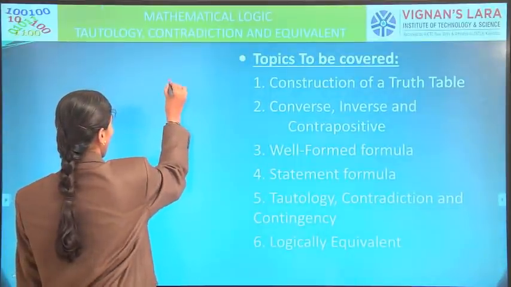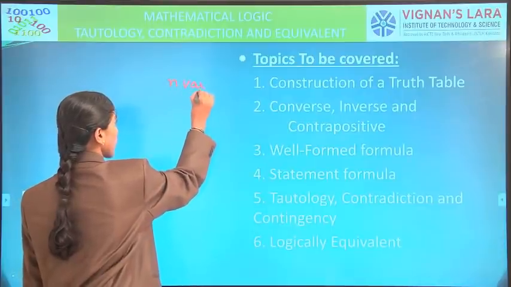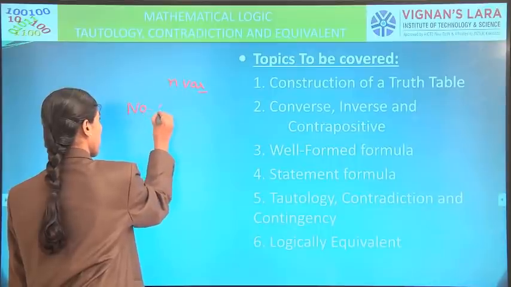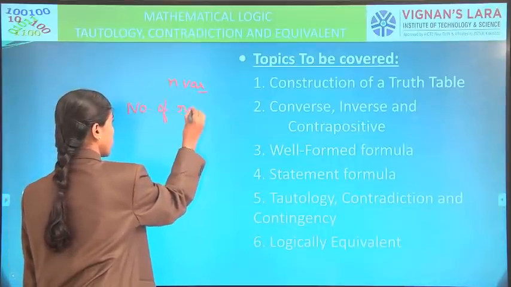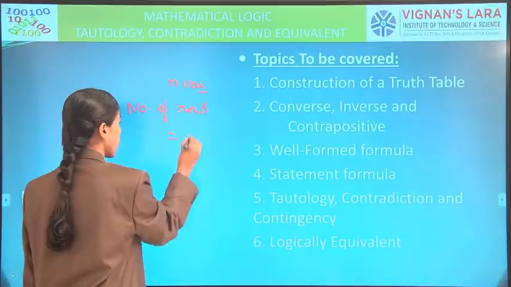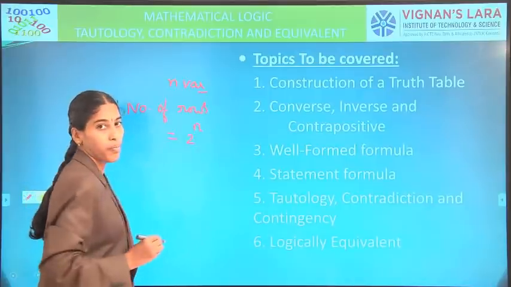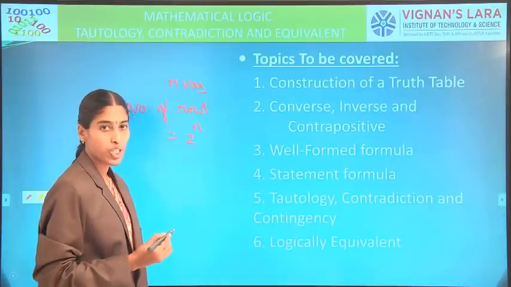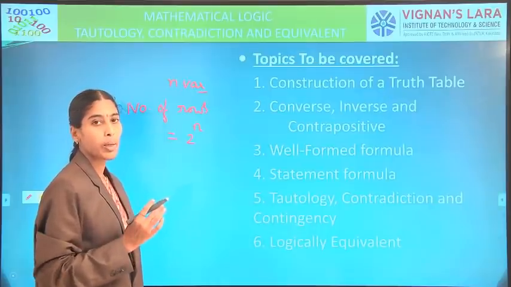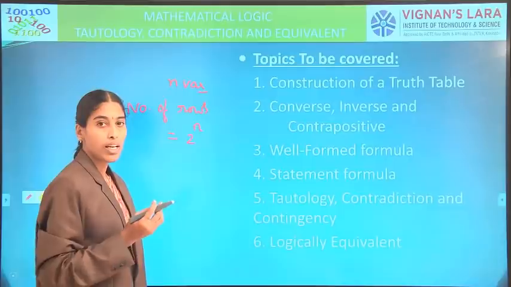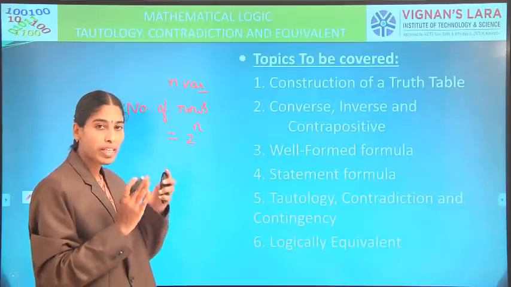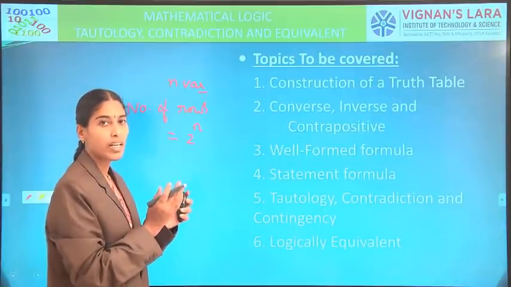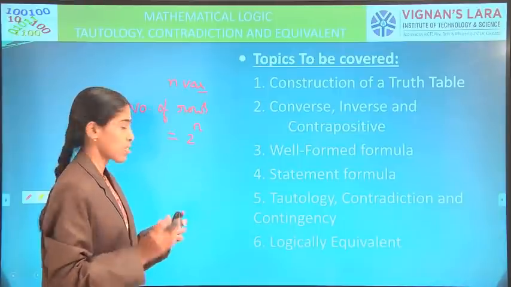Suppose a given proposition consists of n variables, then the number of rows in the truth table is equal to 2 to the power n, and the number of columns depends on the given proposition. At the rightmost of the table, we take the entire proposition. By splitting the given proposition part-wise, we consider the left side of the columns.